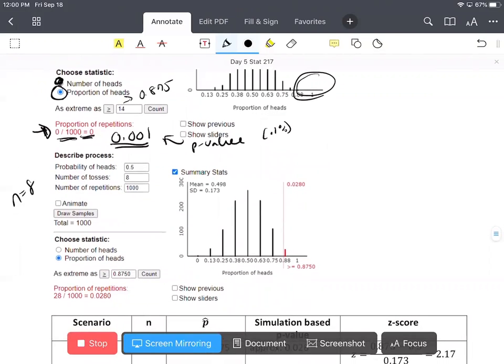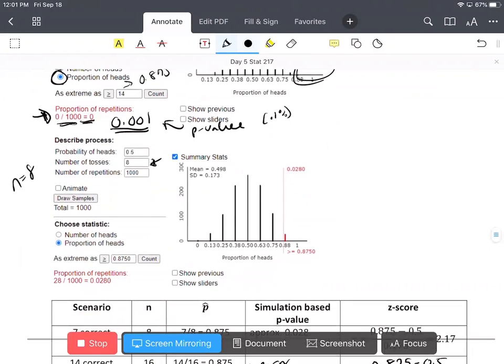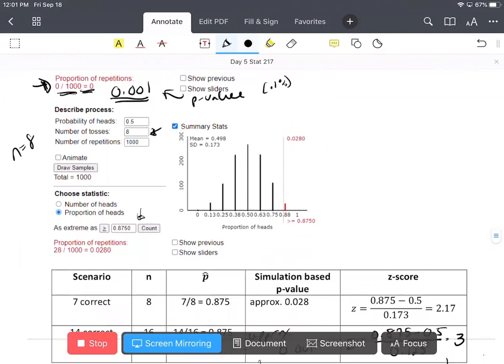On the other hand, with tosses at 8, which I printed afterward, you can see there are more observations here. Our p-value in this case is 0.0280.